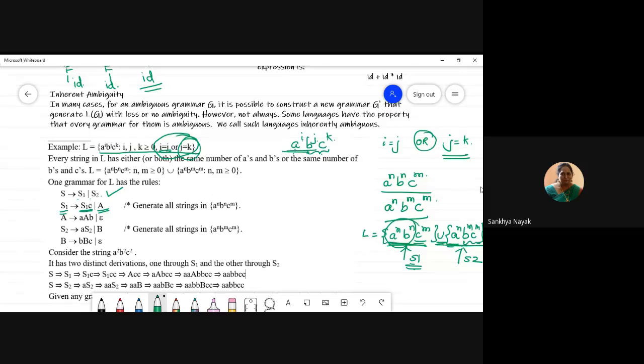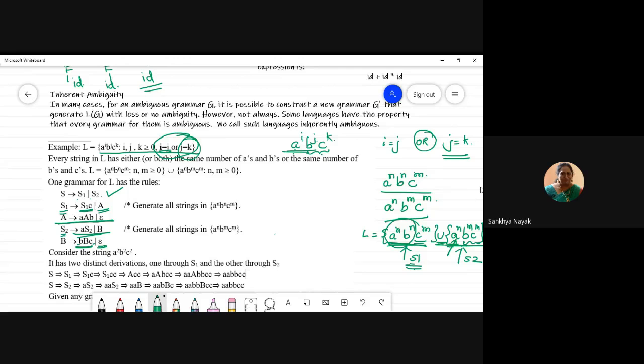What do we mean by A here? Equal number of A's followed by equal number of B's, or epsilon. Similarly for the second one, S2, you are deriving equal number of B's followed by equal number of C's or epsilon, and for the beginning part, some number of A's.